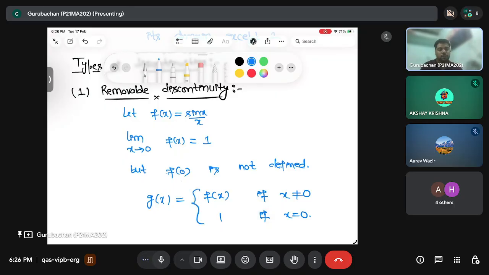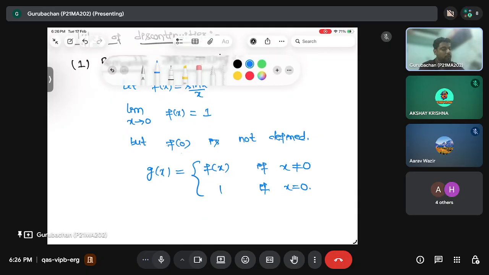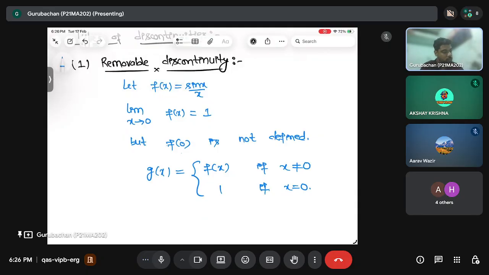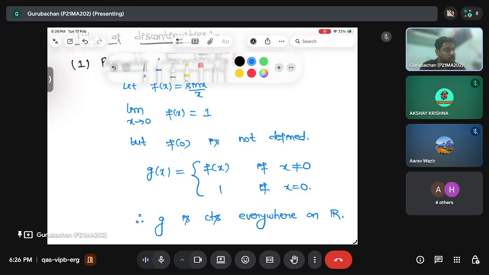In this case, can you say this g(x) is continuous everywhere? Yes, sir. Is it clear? If you have any doubt, then please discuss it.